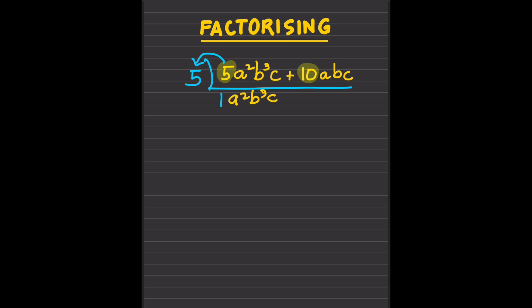Okay, and then what is a common factor of 10? Okay, positive 10 divided by 5 is positive 2. Okay, so that's positive 2. And then just bring down the variables a, b, c. Now, are we done?